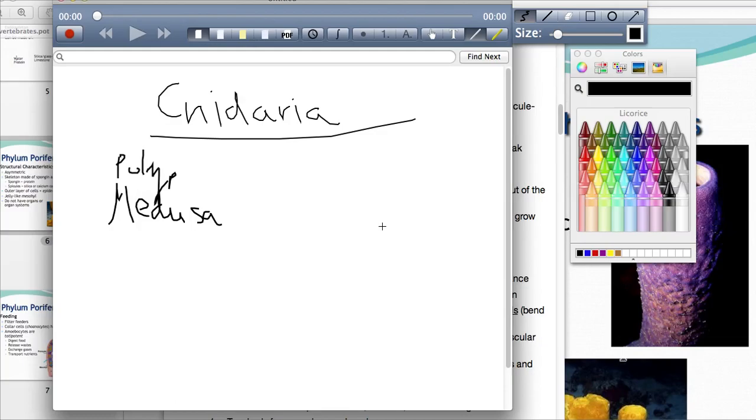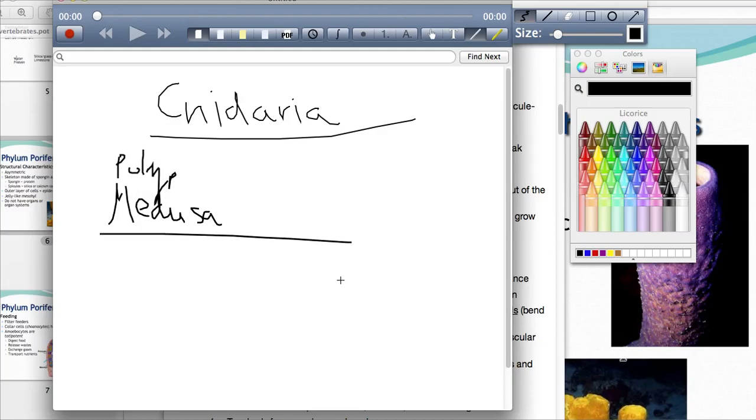So they intake food from the mouth and they expel food through the mouth. Same with sperm, same with everything else. We're going to study that in this video. So, two forms. They each only have one mouth. Jellyfish have one mouth. Polyps, like sea anemone, only have one mouth. Which is kind of weird, but anyway, that's how it is.